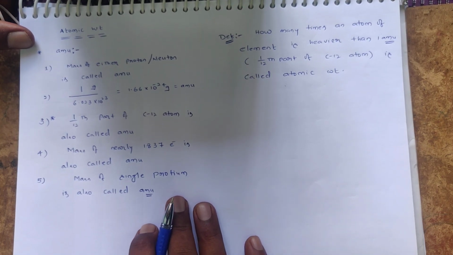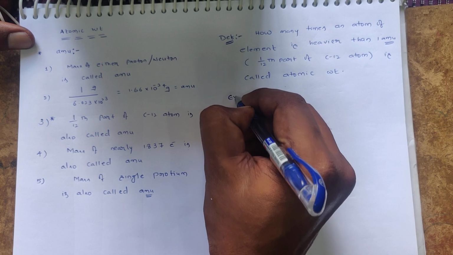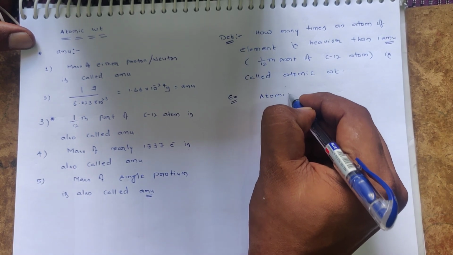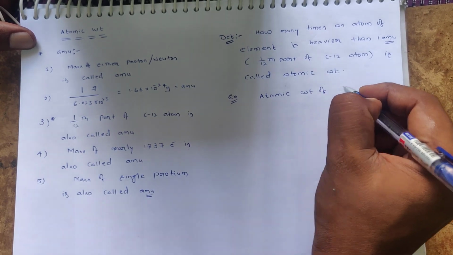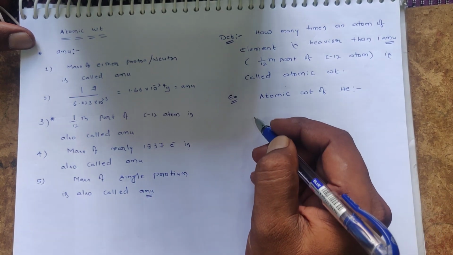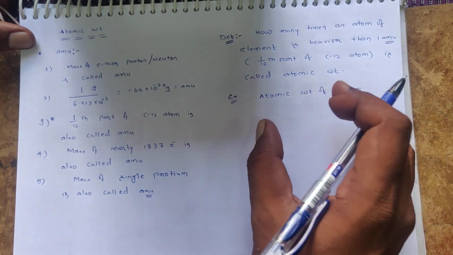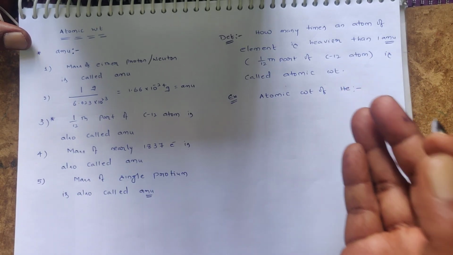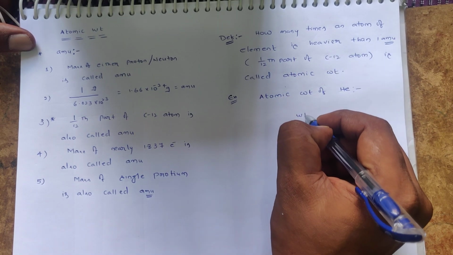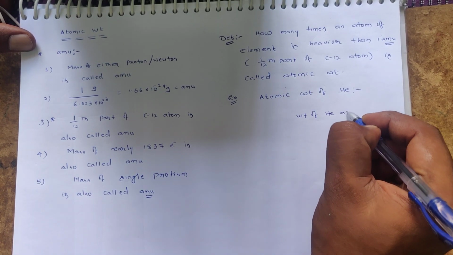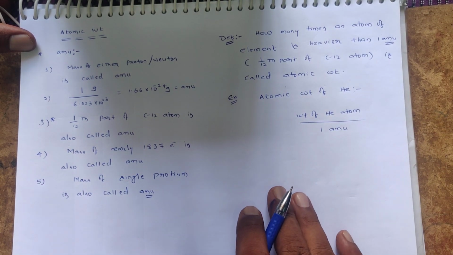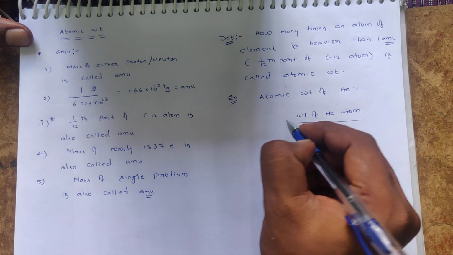Let us consider an example. Atomic weight of helium. How can you calculate atomic weight of helium? According to the definition, we need to calculate how many times it is heavier than 1 AMU. Divide the weight of helium atom with 1 AMU so that we will get how many times it is heavier than 1 AMU.